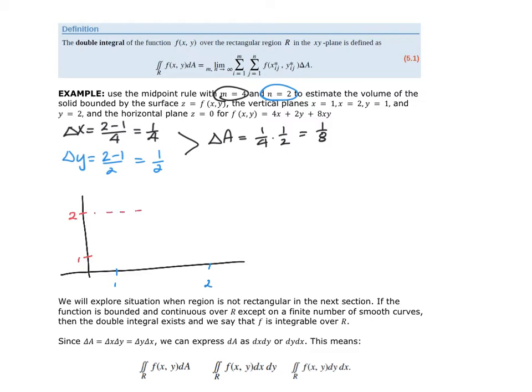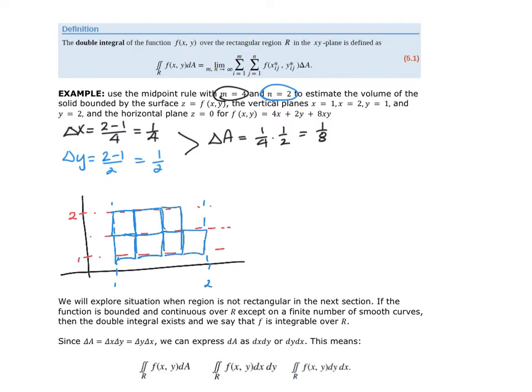Now in this region, I'm going to cut this in half. And then in this region, I'm going to cut it into fourths. So a half and a half and a half. So each one of my rectangles looks something like this.